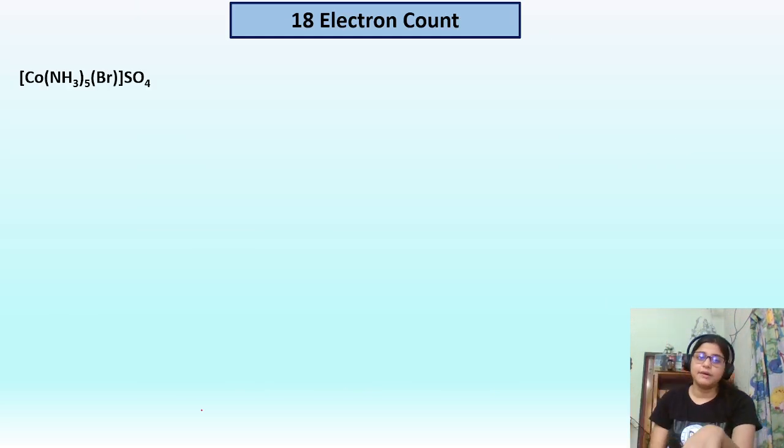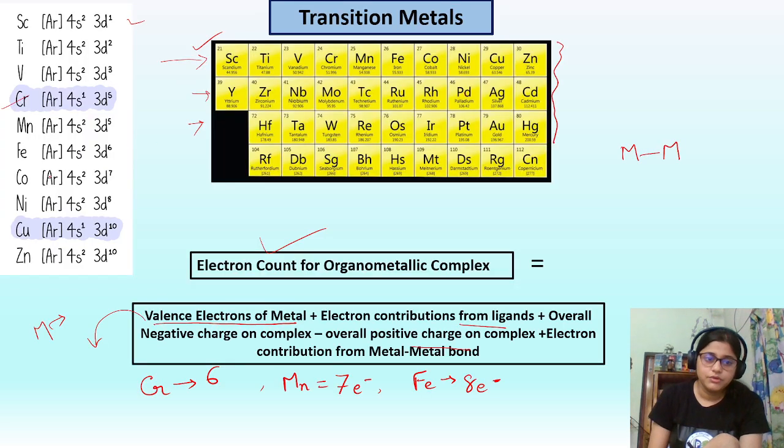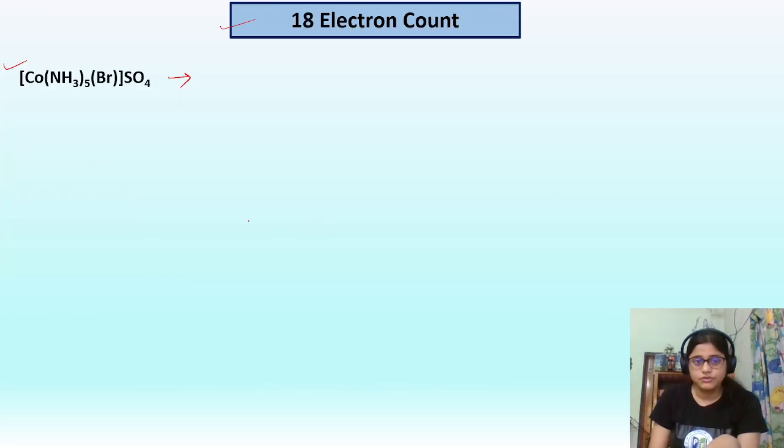Now coming to the example, so this is a simple complex, so I have taken not an organometallic compound, like metal-carbon bond is not present, but for 18 electron count we can take that example also. So cobalt is in which series? This one, this has cobalt. So after Fe, it has 3d7 4s2, a total of 9 electrons.